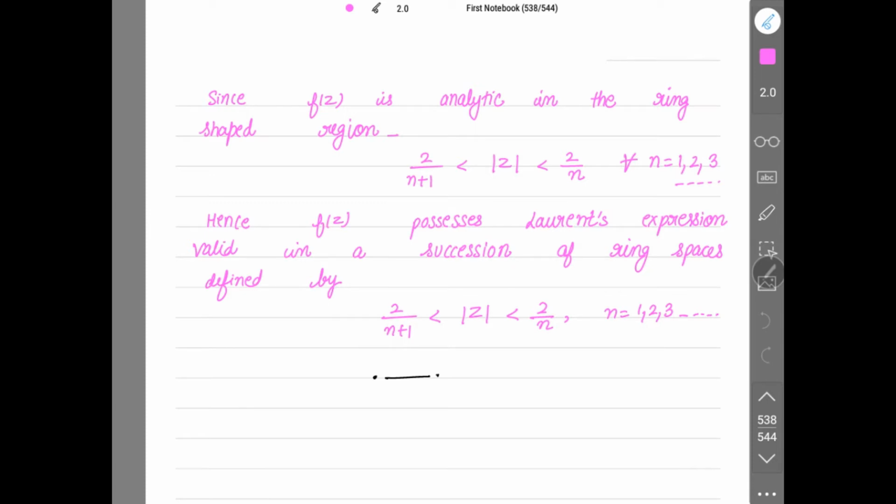Now, since the function is analytic in the ring-shaped region, mod z lying between 2 over n plus 1 and 2 by n for all n equal to 1, 2, 3, hence f(z) possesses a Laurent expansion valid in a succession of ring spaces defined by mod z lying between 2 over n plus 1 and 2 by n, where n is 1, 2, 3, and so on.